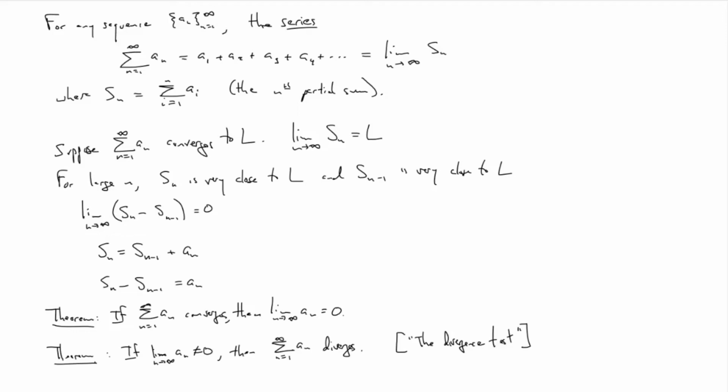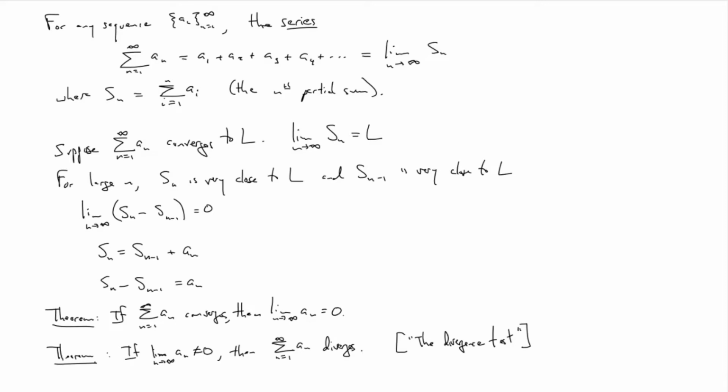If you can show that the terms of a series are not going to 0, then the series has to diverge. And if you think about it a little bit, this is actually fairly intuitive. Suppose the limit as n went to infinity of some sequence a sub n was equal to, say, a tenth, for example.